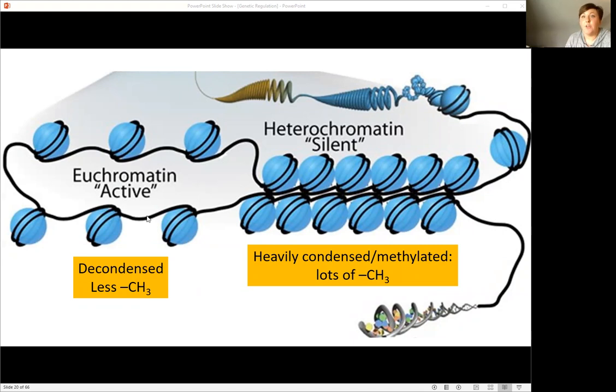Such DNA is called active, referring to the fact that it is transcriptionally active, and is collectively called euchromatin. When DNA has more methyl groups associated with it and is thus tightly condensed, it's called silent or heterochromatin. Silent refers to the fact that this DNA is not being actively transcribed into mRNA.